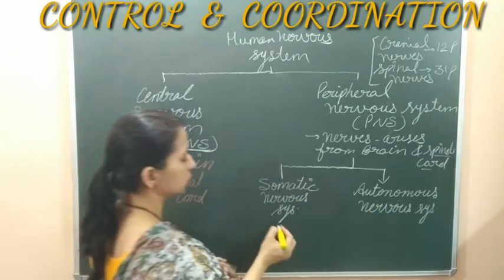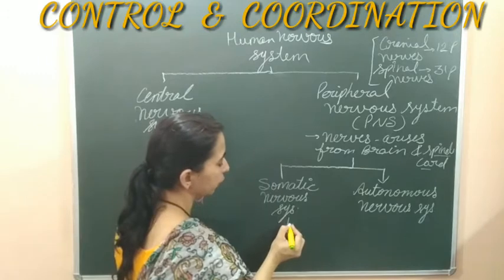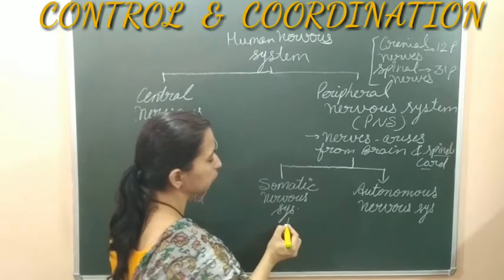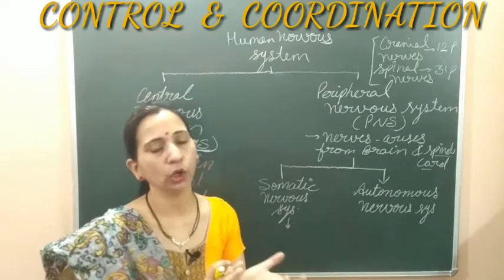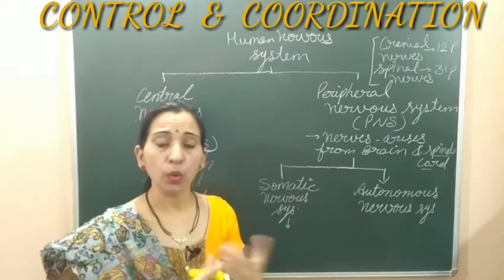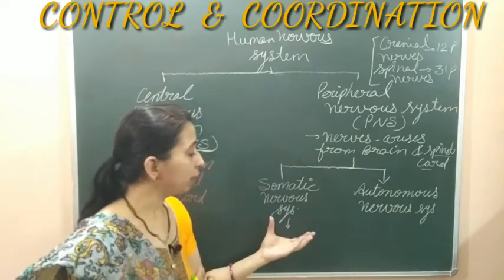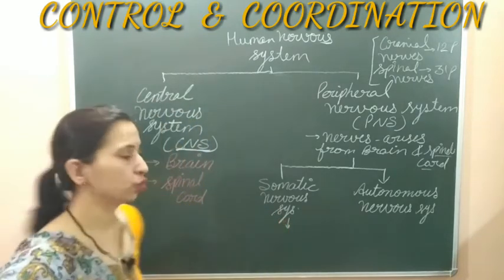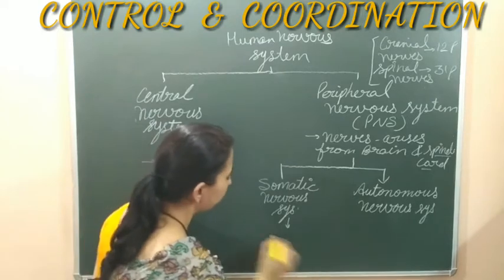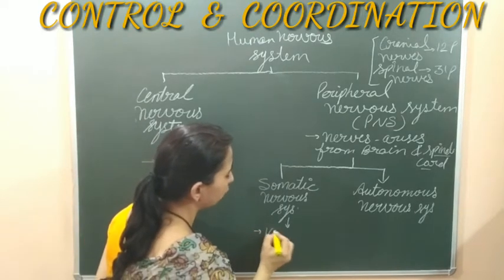The somatic nervous system controls and coordinates the body organs which are in our control. So the voluntary control is under the control of the somatic nervous system. So we can write: it has voluntary control of the body.